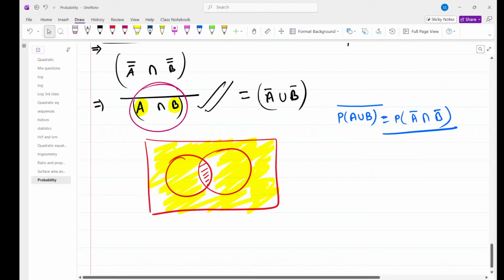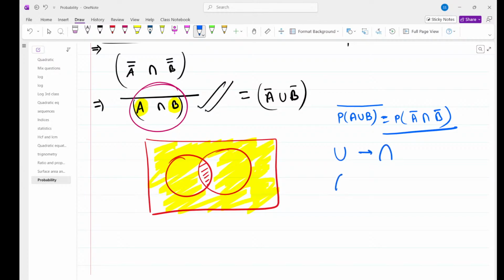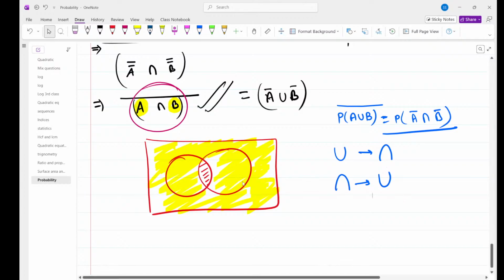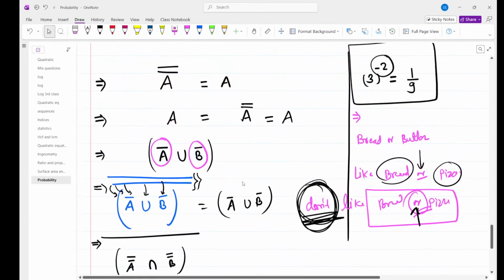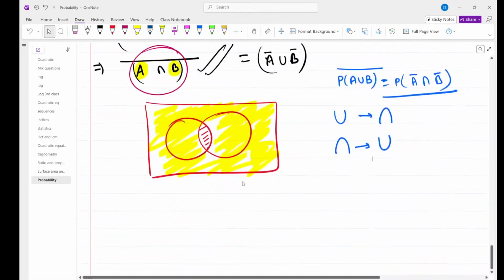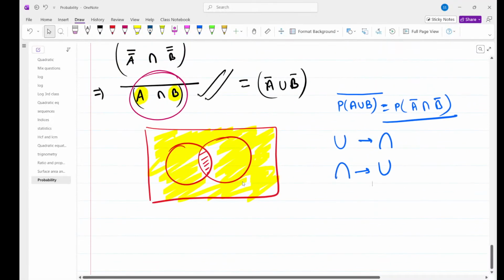So when the complement is outside, my sign flips? Sign means, see, this is the rule. Union becomes intersection, and intersection becomes union, obviously. The union becomes intersection when there is a complement.